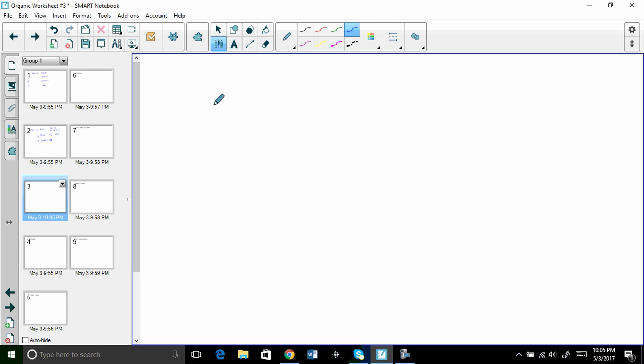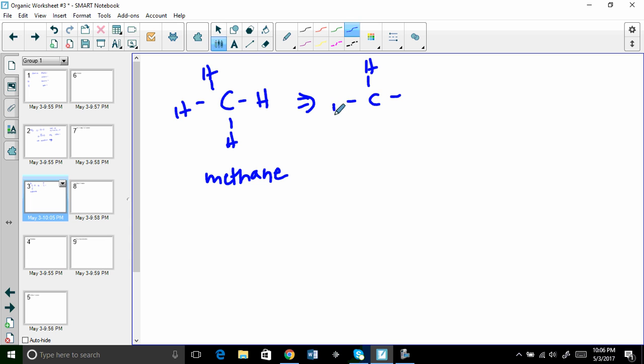Okay, and then the other two substituents, there are a couple of things I want to talk about. This is methane. You know that from worksheet 1 and 2. If you take this hydrogen off, this has to hook somewhere else.